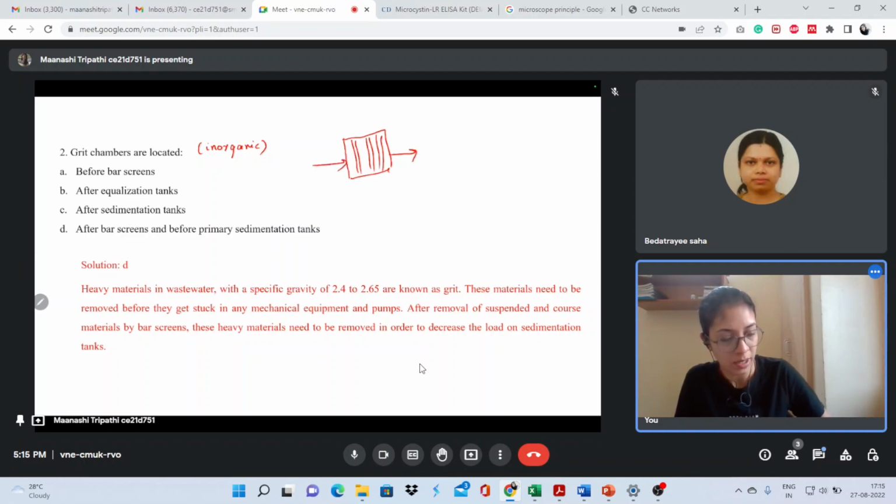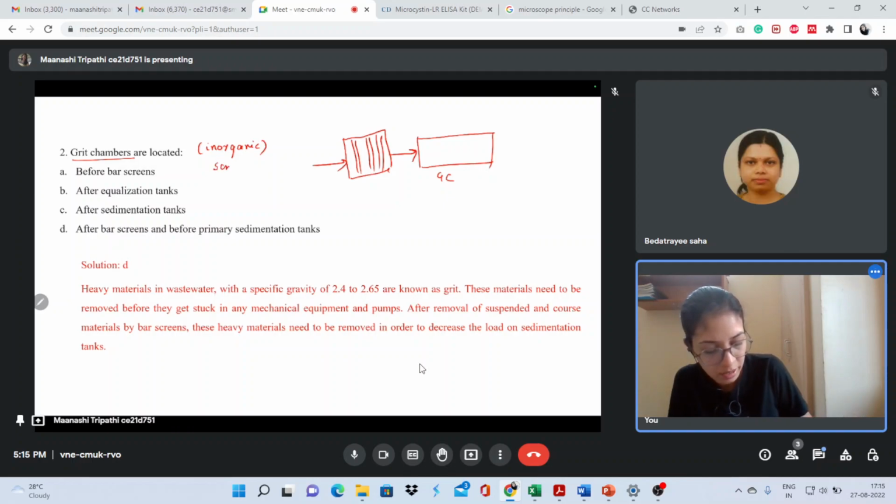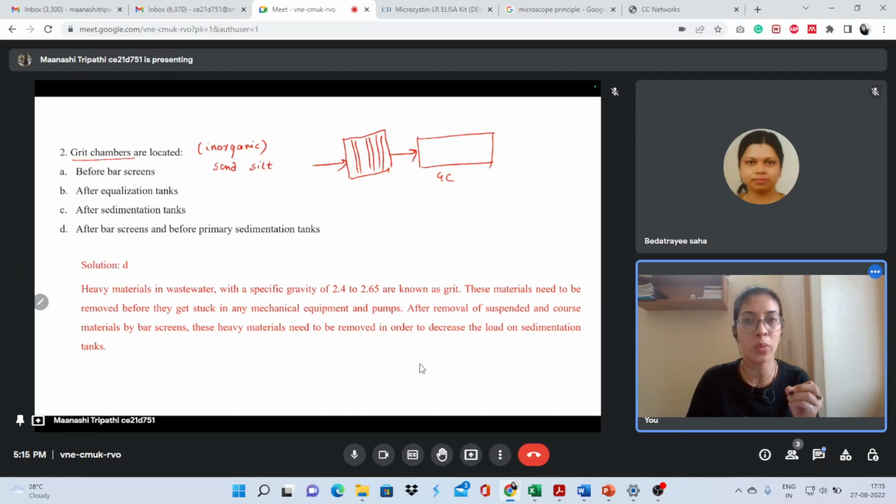Then comes the grit chamber, the thing which we are talking about. Here the inorganic particles, meaning sand, silt, all those things which will not degrade and will not produce any smell, are settled.